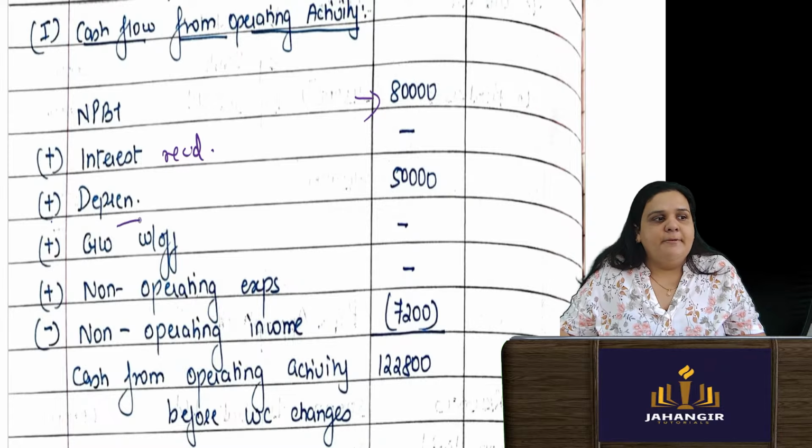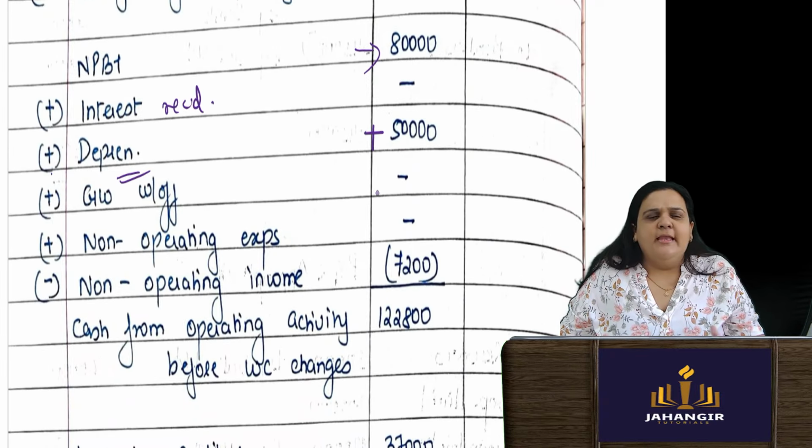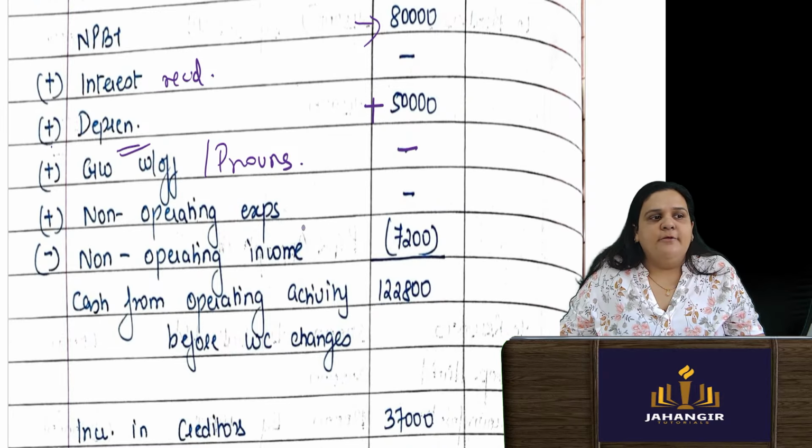Add back any depreciation. Yes, we have provided depreciation 50,000. Add it back. Any kind of written off or any kind of provisions we also add back. Is there anything? There is nothing, I put a dash. Add non-operating expenses. Is there any non-operating expenses? There is nothing. Is there any non-operating income?